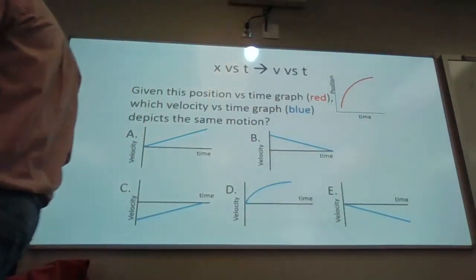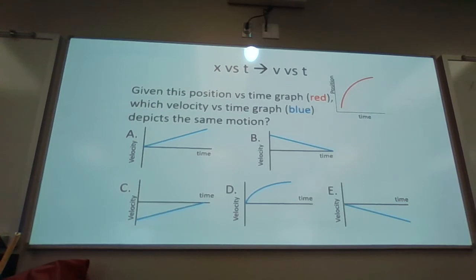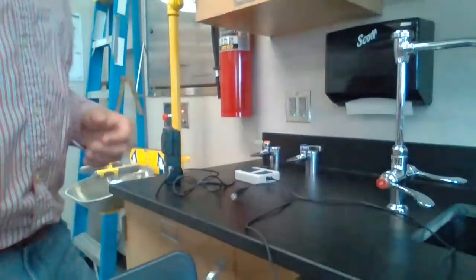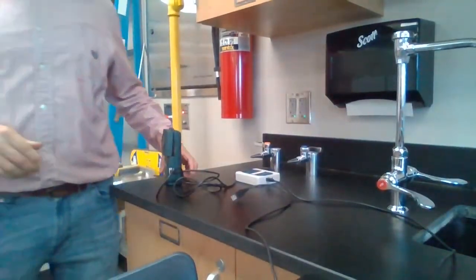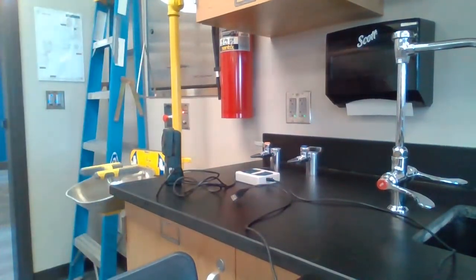We are going to do a lab today that incorporates these motion graphs. You're going to need a Chromebook per group, but I would suggest everybody download the app. It's Vernier Graphical Analysis.